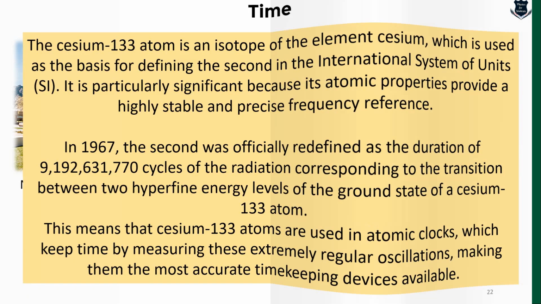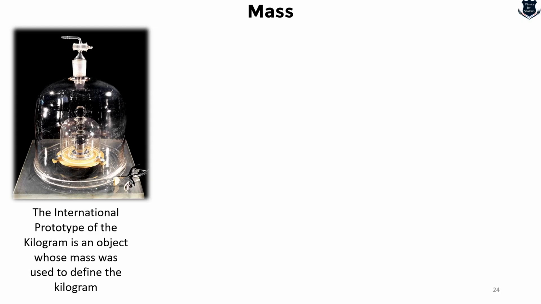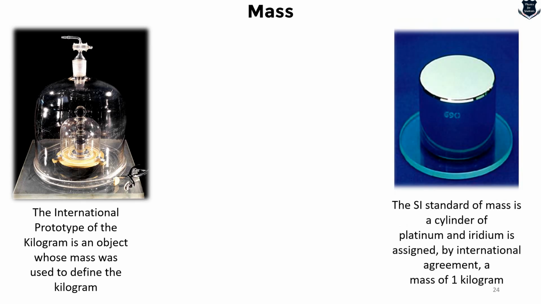Now with time done, what we come to next is what is called mass. And in this figure you can see the SI standard of mass, a cylinder of platinum and iridium that is kept at the International Bureau of Weights and Measures near Paris. This is the SI standard of mass of platinum iridium, which we call 1 kilogram.